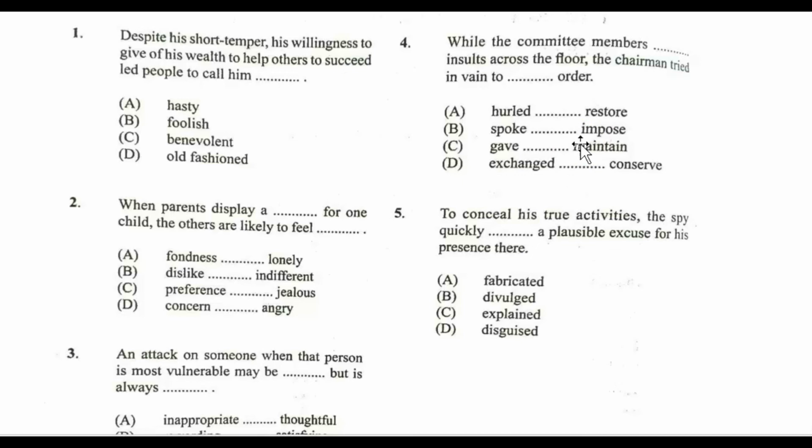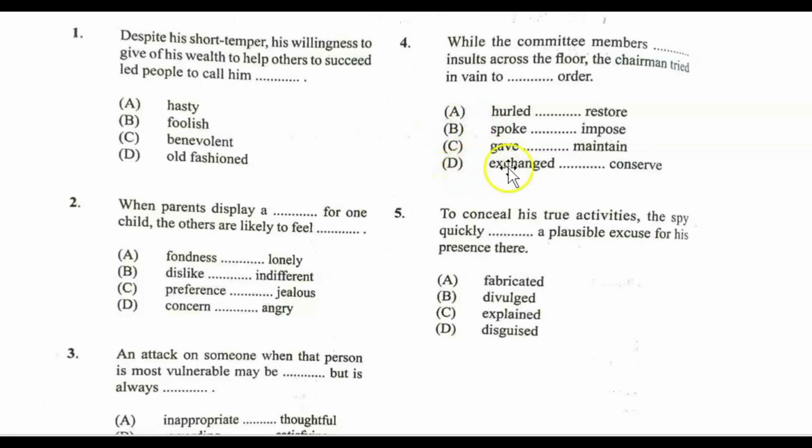So if I say to you, maintain those excellent grades that you have, it means that you've already been attaining excellent grades, and I want you to keep that going. So we cannot think that maintain order is best suited here, because order was never there if insults are moving across the floor. So we've struck out options B and C.